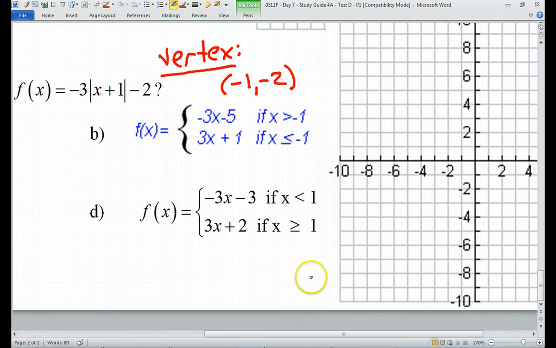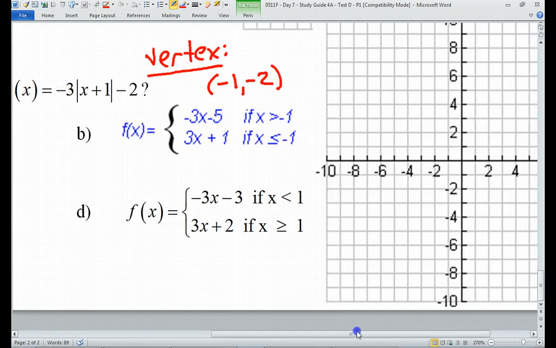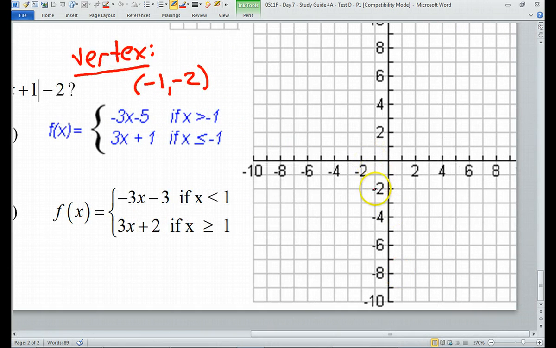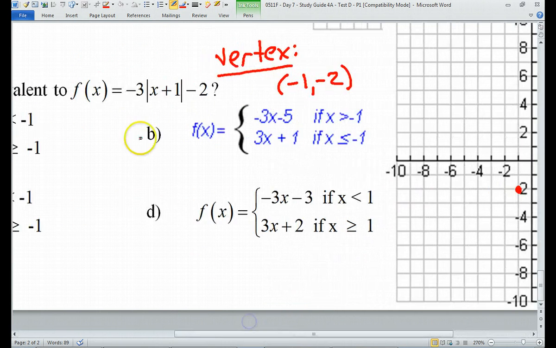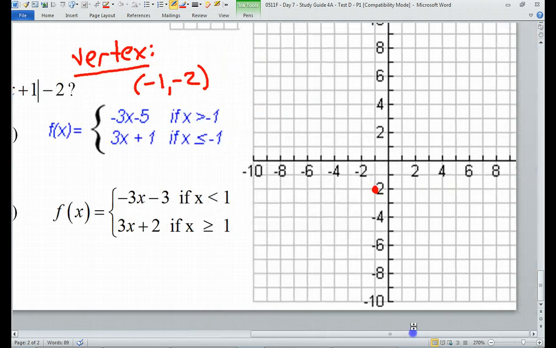So there's the vertex. Let's go ahead and graph that. Negative 1, comma, negative 2. It'd be right here. Now, for additional points, I'm going to use this negative 3. It will be the slope of the right-hand side. So from the vertex, I'm going down 3, right 1, down 3, right 1.